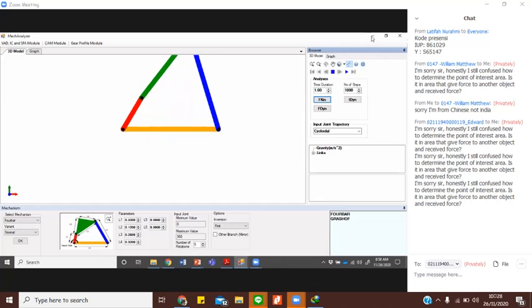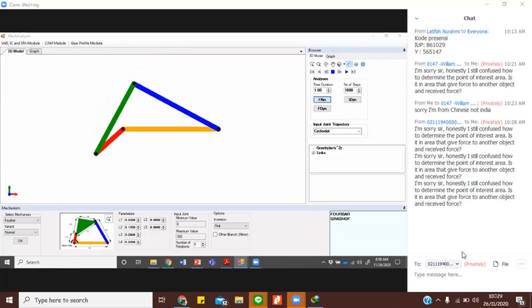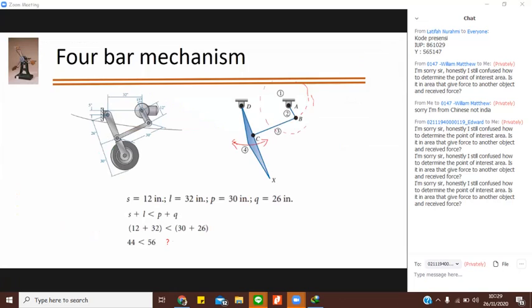Okay, so let's go back to our slides. Yeah. So this is your actually crank rocker mechanism. Okay. So this you have to identify what kind of mechanisms it will be.